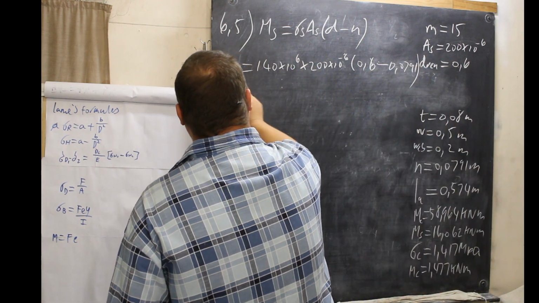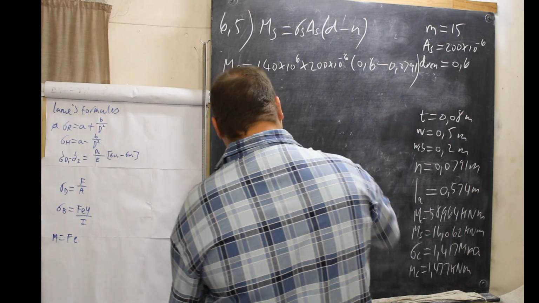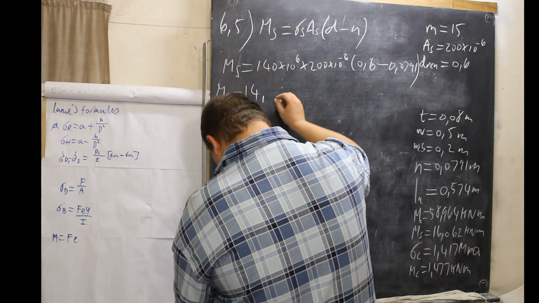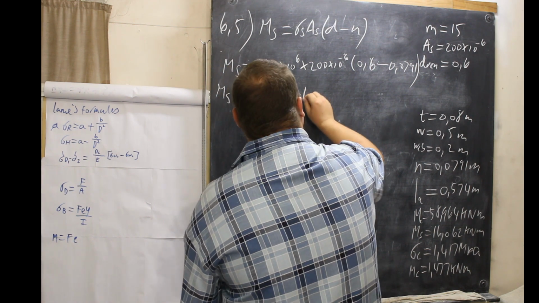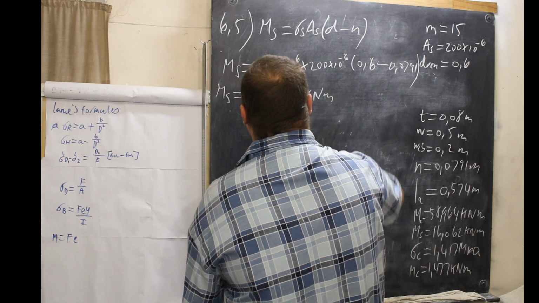And MS for the steel is 14,586 kilonewton meters.